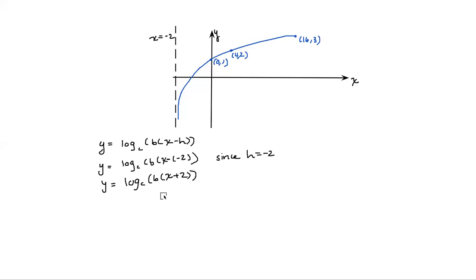And here we have the beginning of the function. Now, given this, we are trying to find the values of b and c. We have 3 points that we can use to help us find the values of b and c. So let us go to the next page.